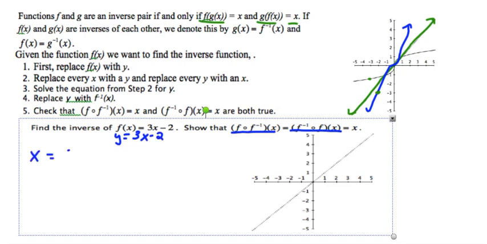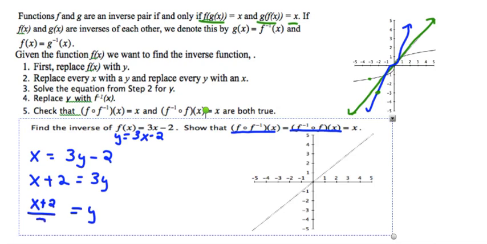I have x is equal to 3y minus 2, and I'm going to solve for that: add 2, and divide by 3. So y is equal to (x plus 2) divided by 3. To write its inverse, you should always put a -1 kind of like an exponent. So that means the inverse of f is equal to, I'm going to simplify this, 1/3 x plus 2/3.